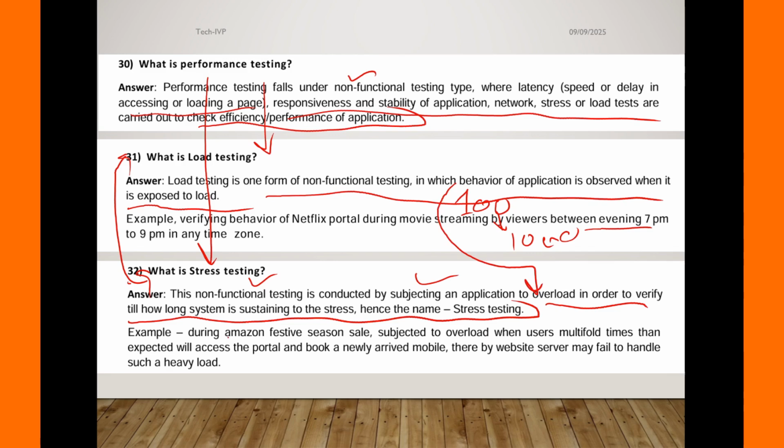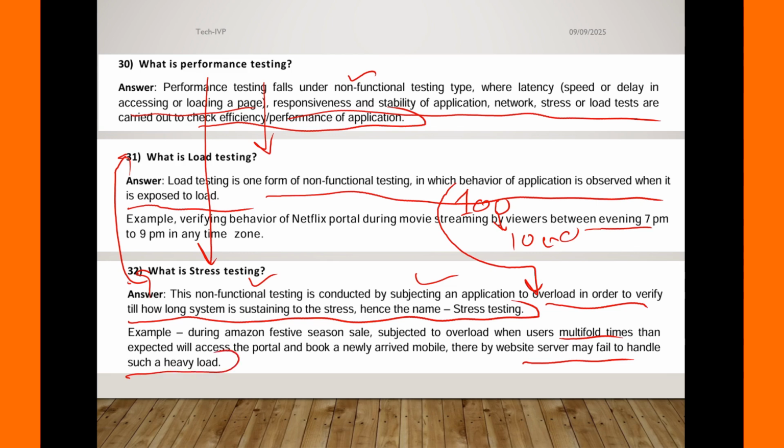For example, during the Amazon festival season sales, the portal is subjected to overload from users searching and booking newly arrived or newly launched mobile devices. At that time the web service may fail to handle such heavy load.